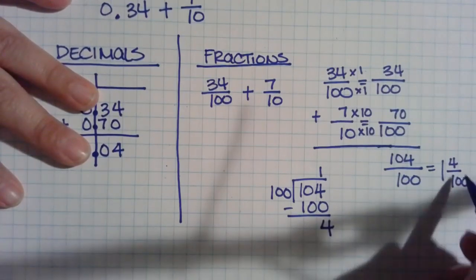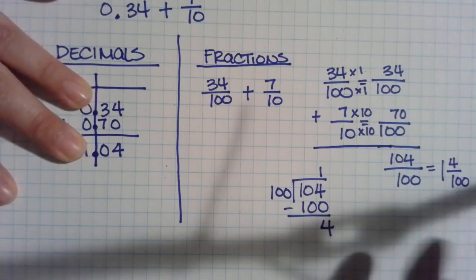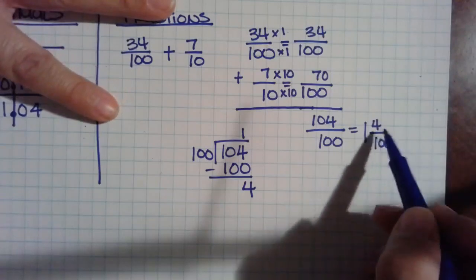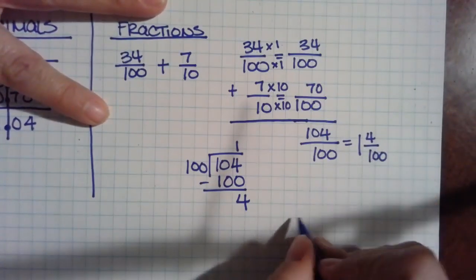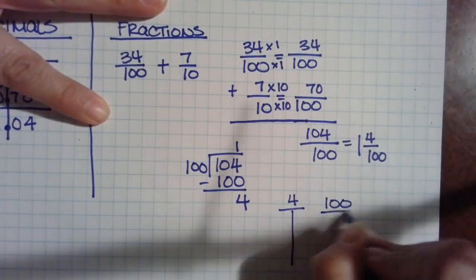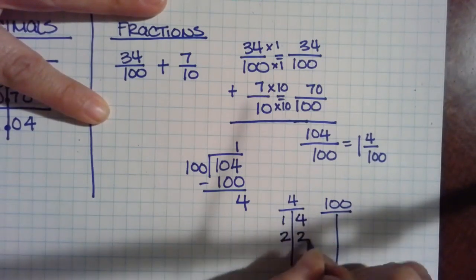Okay, now I see those, and I know that the last step, anytime my answer is a fraction, the last step is always to simplify. Okay, so I'm going to find the factors for 4 and for 100. Okay, so 1 times 4, 2 times 2.